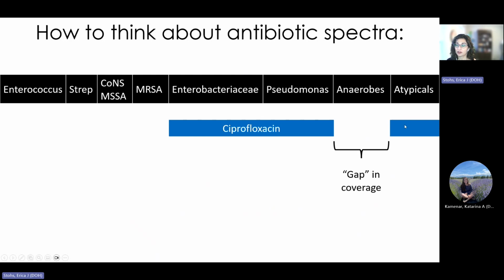It also covers atypical organisms. But where you see a gap, this is not colored in for anaerobes, for example. This is referring that ciprofloxacin does not cover anaerobes. As you can see on the left, it also does not have good gram-positive activity. So when you're seeing this figure, I just wanted to orient you to what this is illustrating.